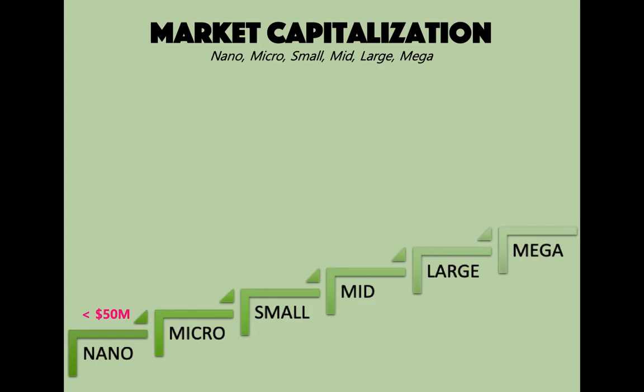If you look online, you're going to find different ranges, but these are some that are common. So less than 50 million. Micro cap would be 50 million to $300 million market cap. Small cap companies would be the 300 million to 2 billion. Mid cap 2 billion to 10 billion. Large cap anything over 10 billion. And then sometimes you'll see referred to as mega cap anything over 200 billion, okay, value.